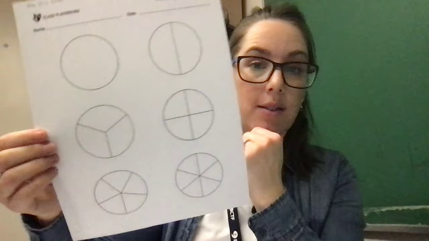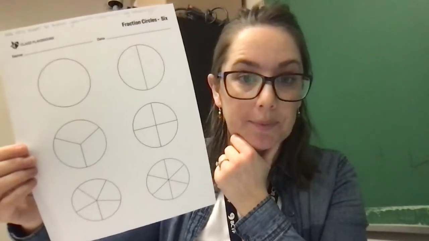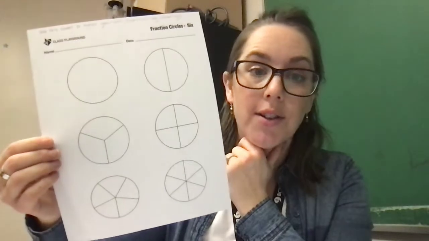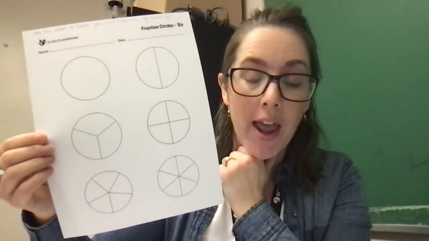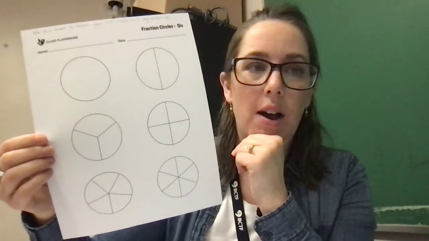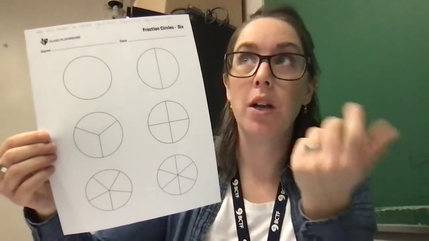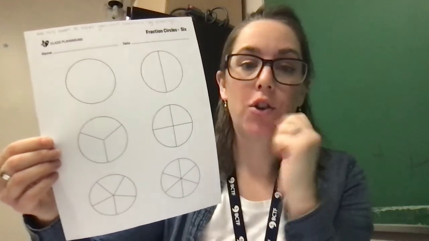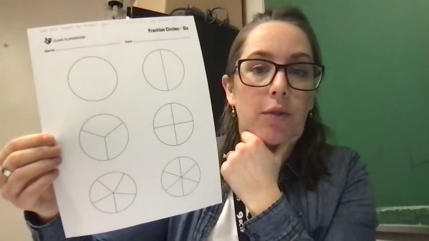You will also see the last sheet is 6 different fraction circles. Again, this is just to test yourself, and I may put in a little lesson next week, which would be the last week of January, to use these fraction circles.